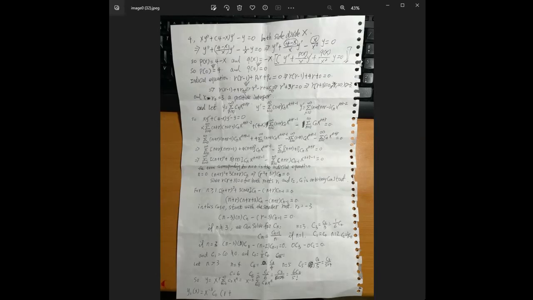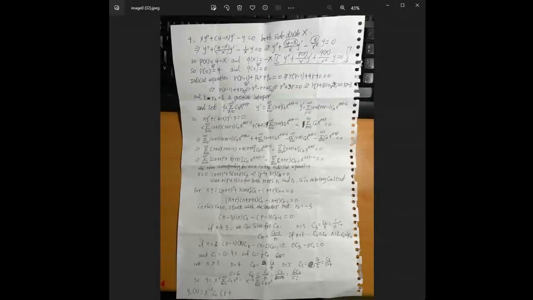In the other sum, n goes from 1 to infinity, the coefficient is n plus r, times c n minus 1 times x to the n plus r minus 1.